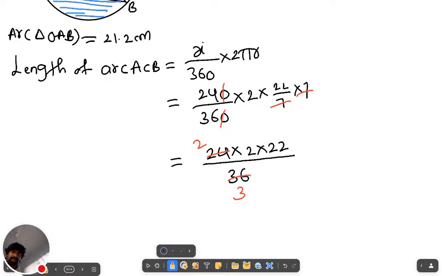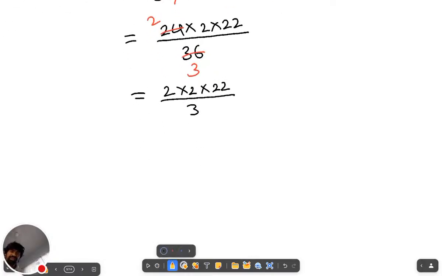Now let's multiply the numerators. 2 into 2 into 22 by 3. So 2 into 2 is 4, 4 into 22 is 88. So 88 by 3 centimeters is the length of the major arc.